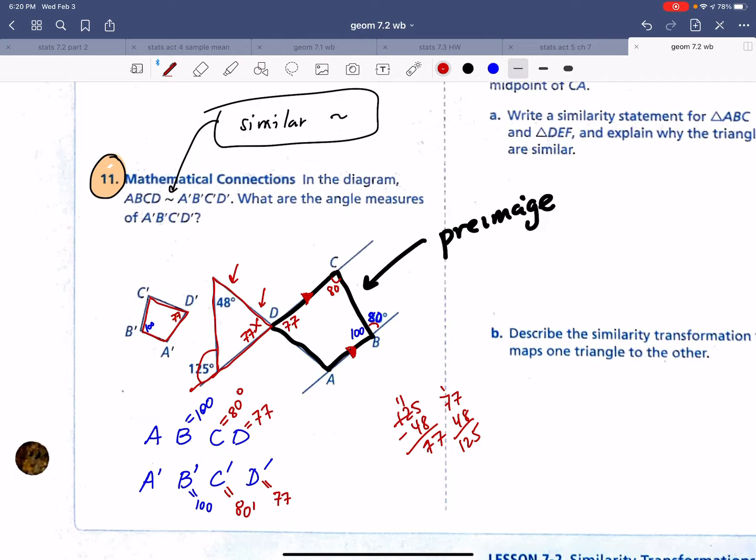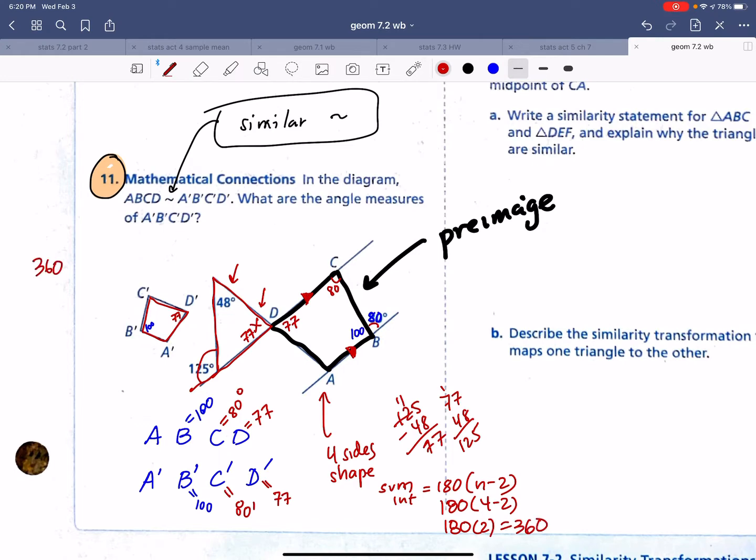Last but not least, it is a four-sided shape, and we know the sum of the interior angles follows the formula 180 times n minus 2. So it's a four-sided shape, which means they all have to add up to 360.